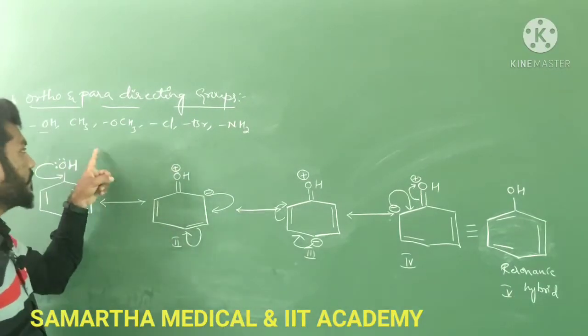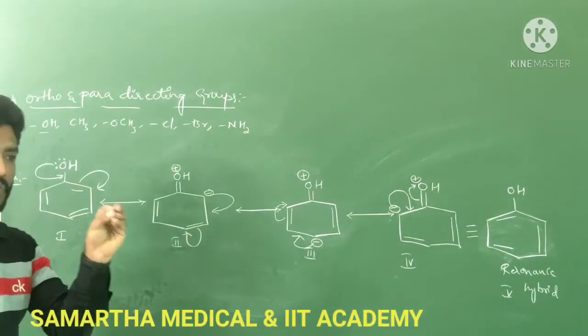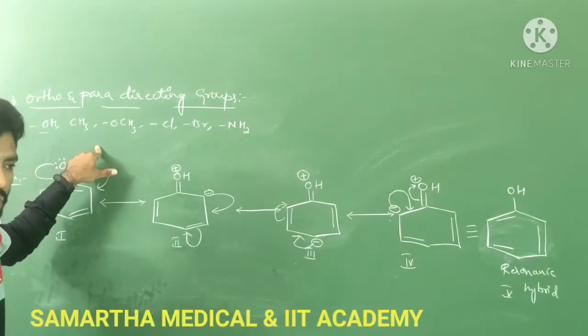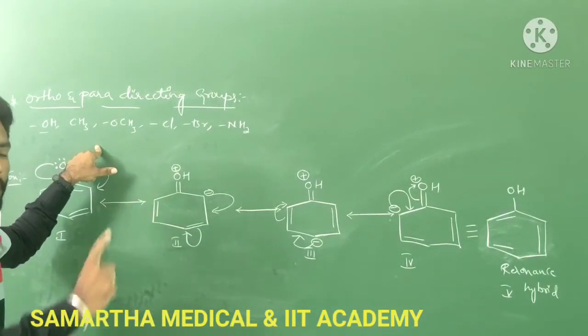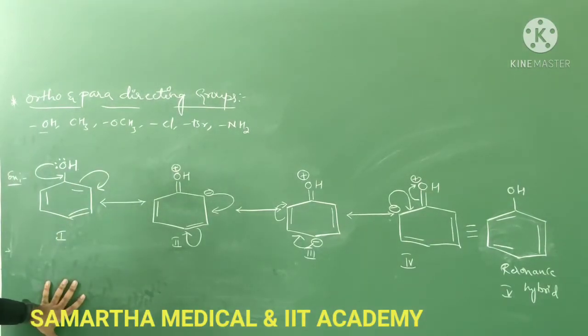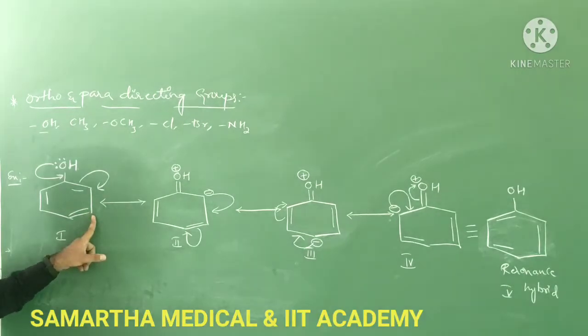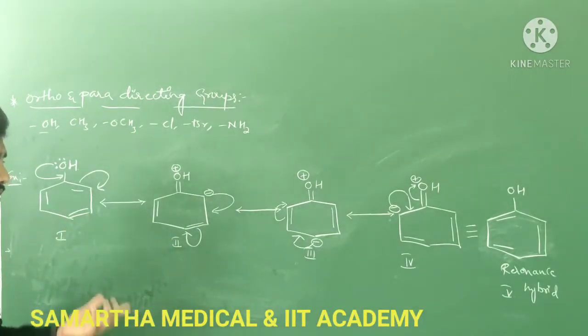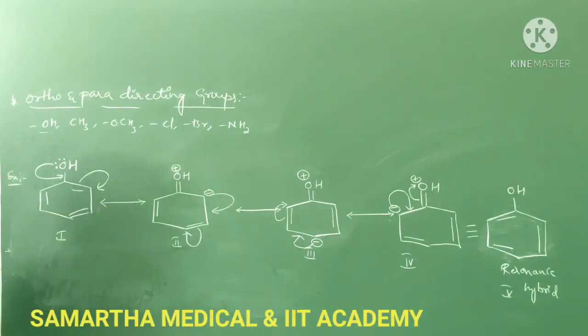That's why such a group is called an ortho and para directing group. These groups direct the incoming group to the ortho and para positions, while at the meta position the electron density is very low. You can never find any negative charge on the meta position. So this is the stuff, guys.